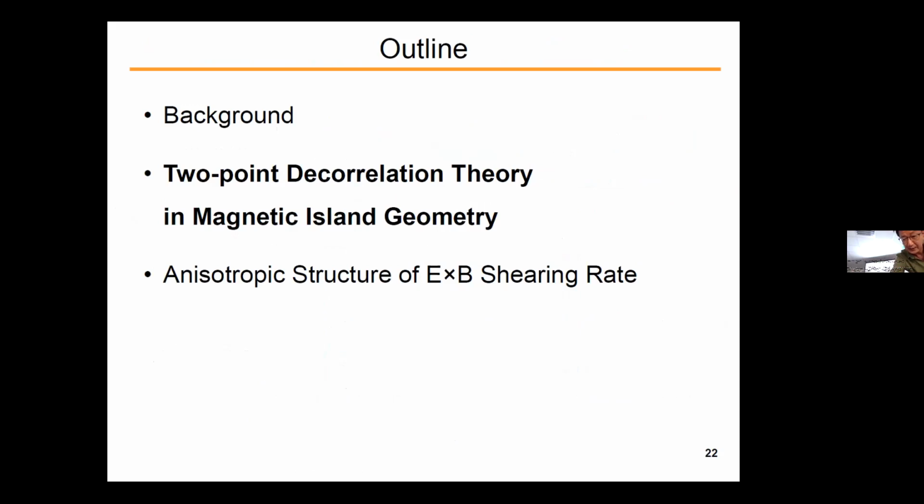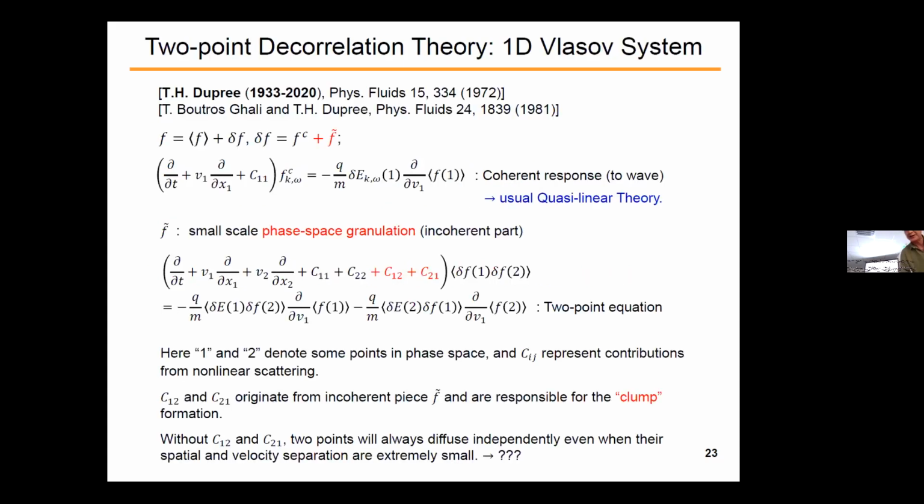To address the microturbulence spreading through the magnetic island X point, we use the two-point decorrelation theory invented by Ellis for fusion plasma physics by the late Professor Tom Dupree, who unfortunately passed away 2 years ago. I don't really have time to go through this.